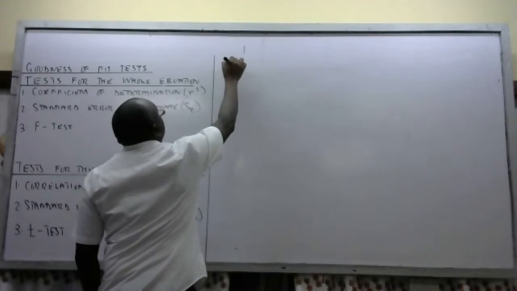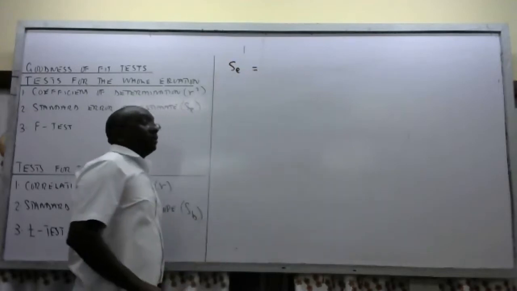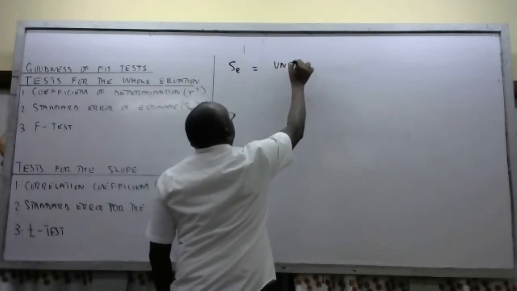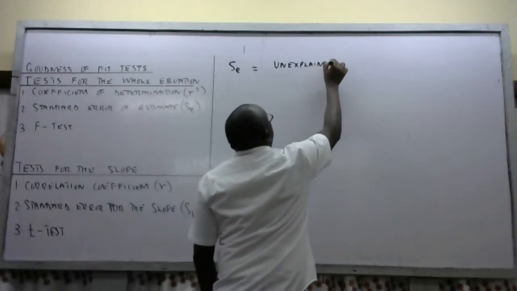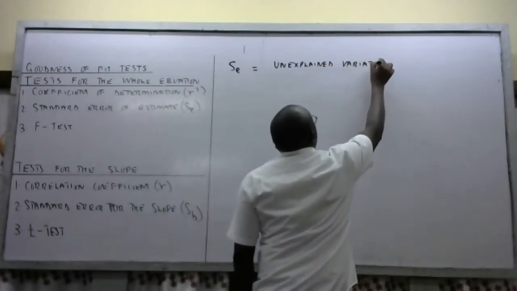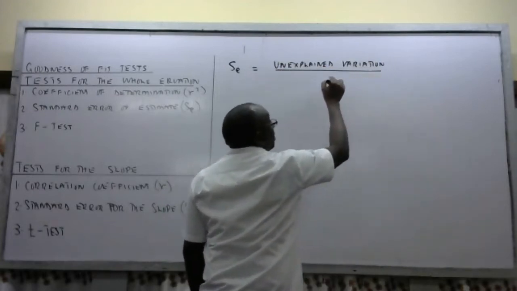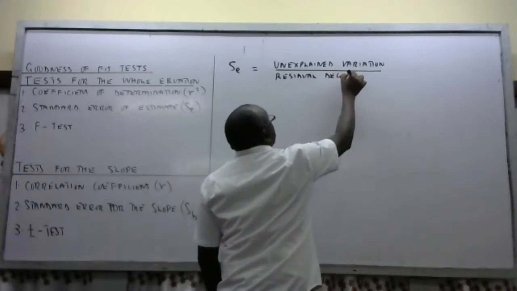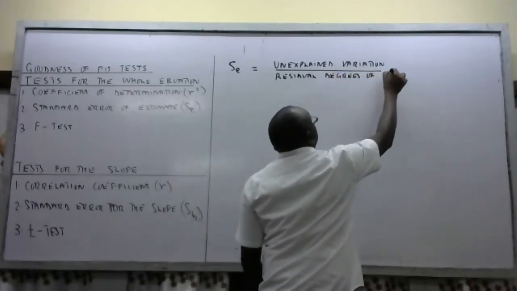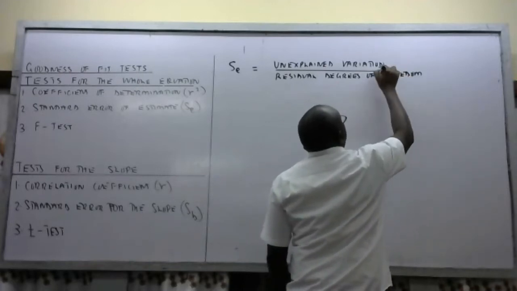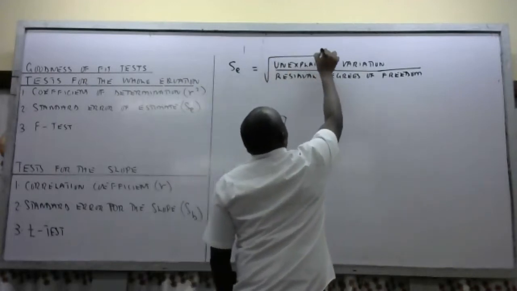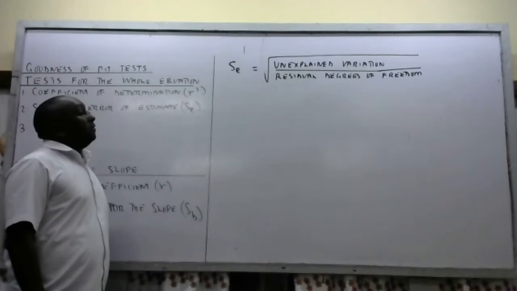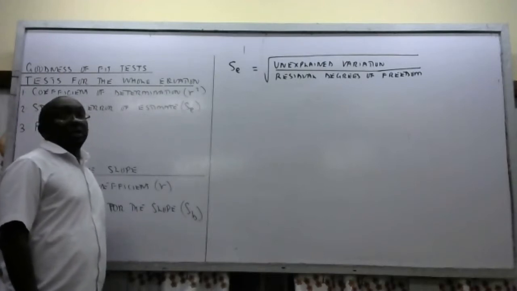It is computed as SE equals the explained variation, you divide by residual degrees of freedom, and then the whole of this, you get the square root.